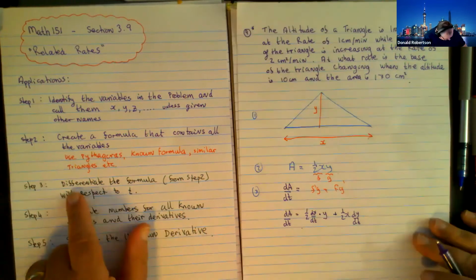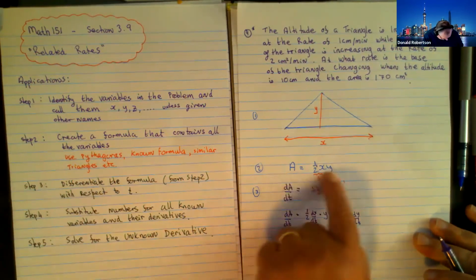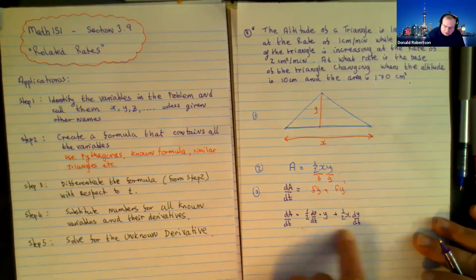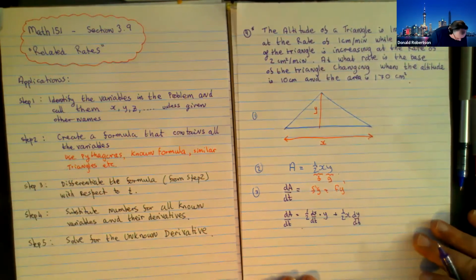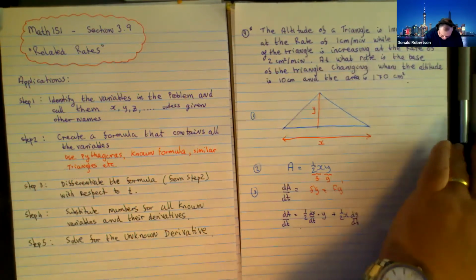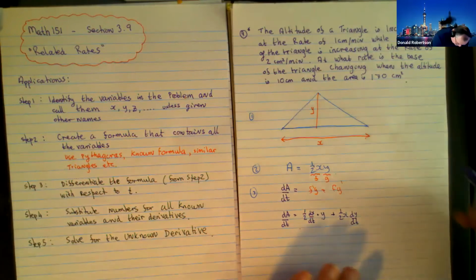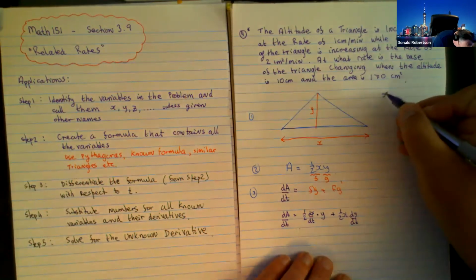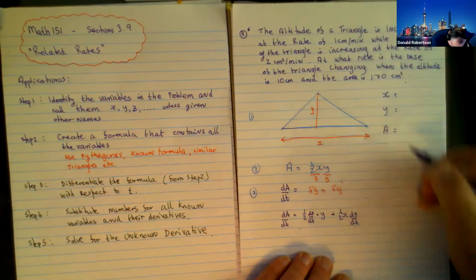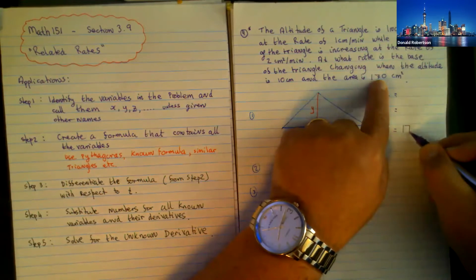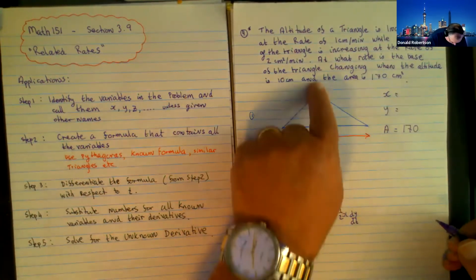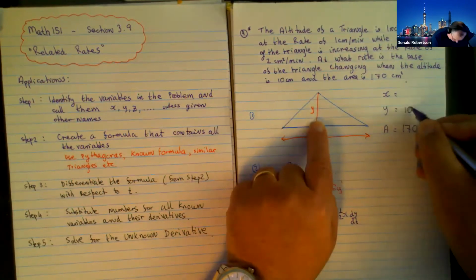So I have just differentiated this formula with respect to t, and it's okay, it's not that ugly, but it's a little bit messy. So what I'm left with now is to substitute all the numbers, and sometimes you have a little bit more work than you think. What have they told me here? Well, let's see. They told me the area is 170. Check. They told me the altitude is 10. So they told me this guy is 10.